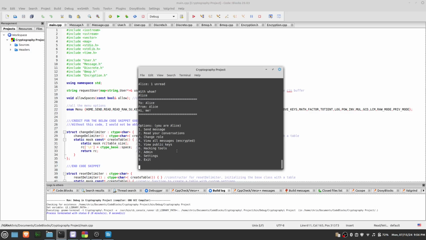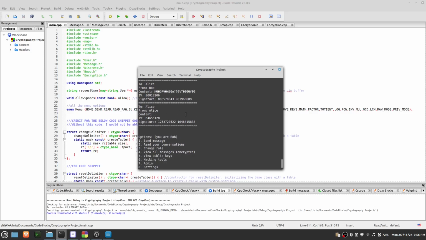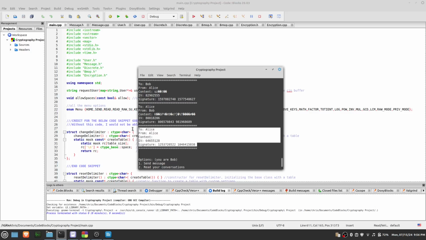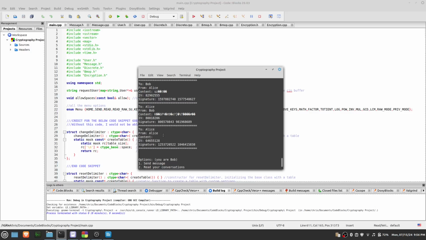The other thing that's funny is that if we change roles to Bob, we can view all messages encrypted. Alice sent a message to herself that only she can decrypt, and she put it on the public network, and no one else can decrypt it except her.